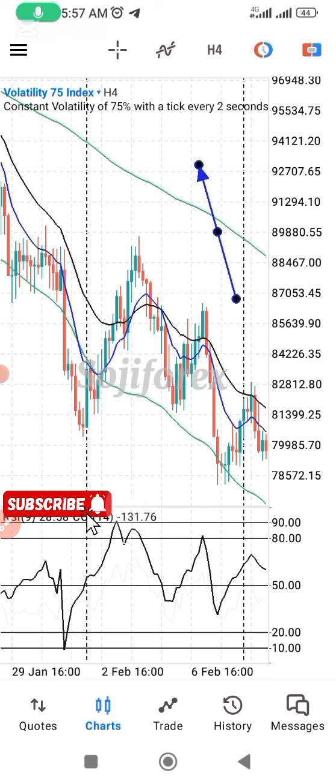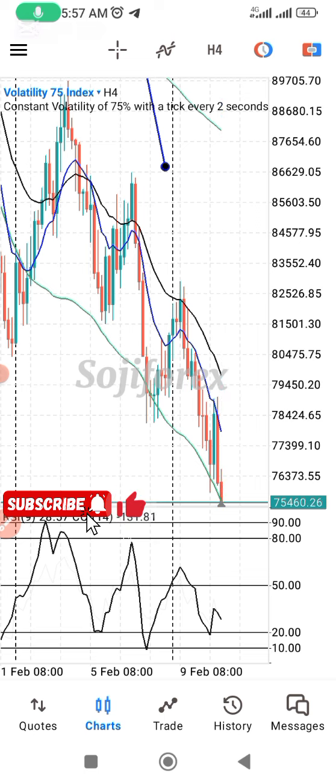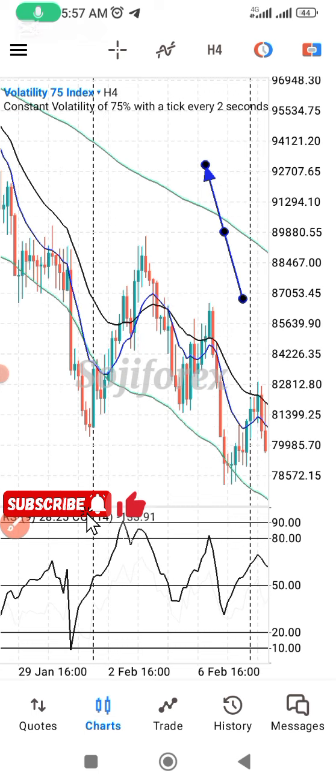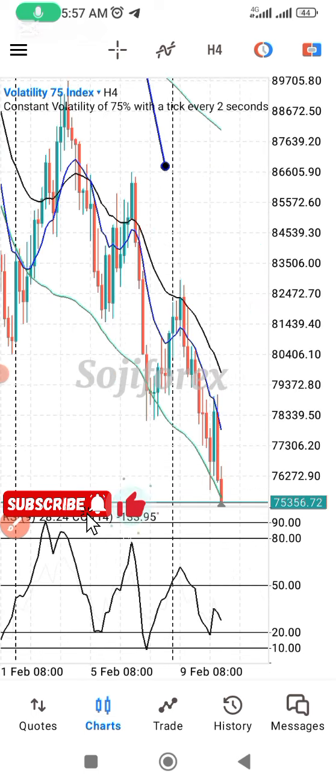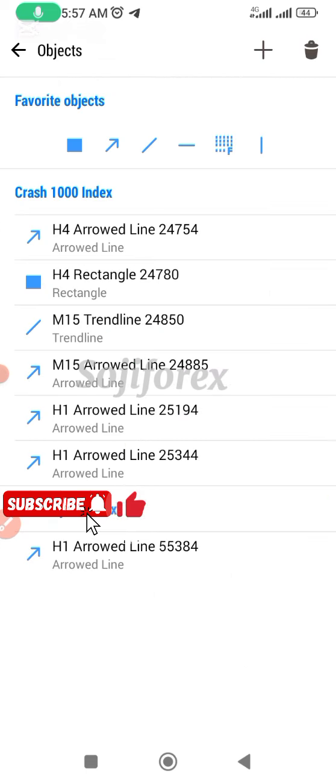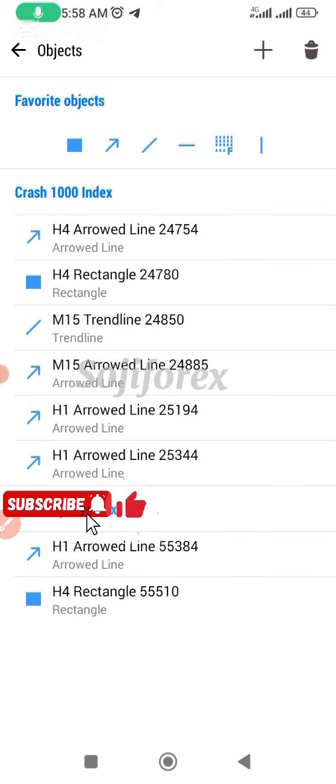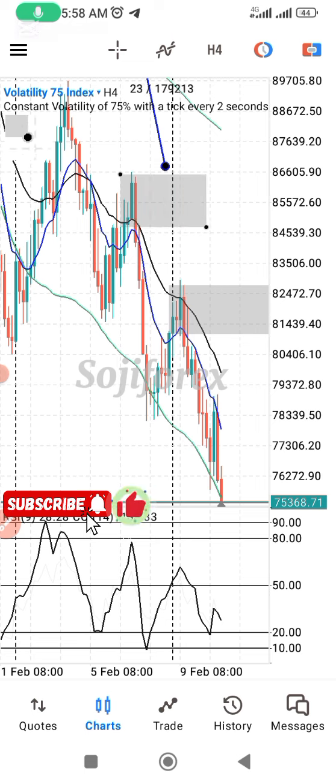Now that we have identified our trend, what is the next thing we want to see? Have you identified your trend? You mark your point of interest. What is your point of interest? Your points of interest are your zones of order block, your zones of resistance, your fair value gap, your zones of imbalance.